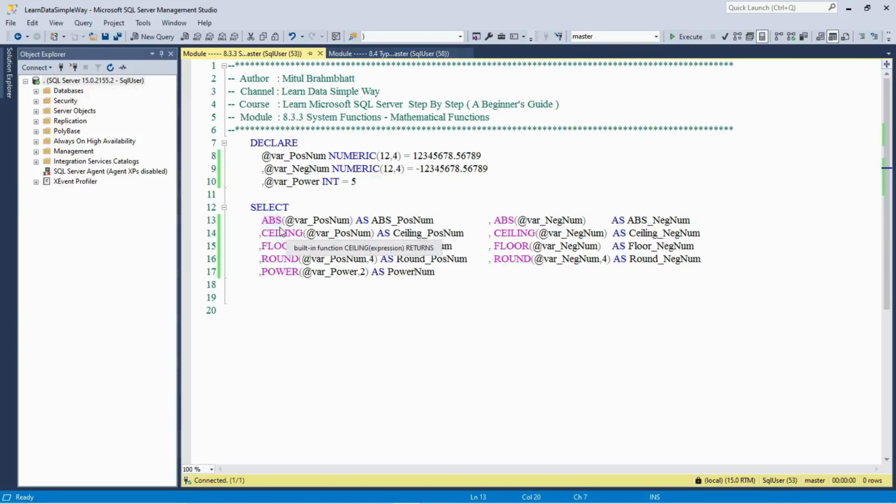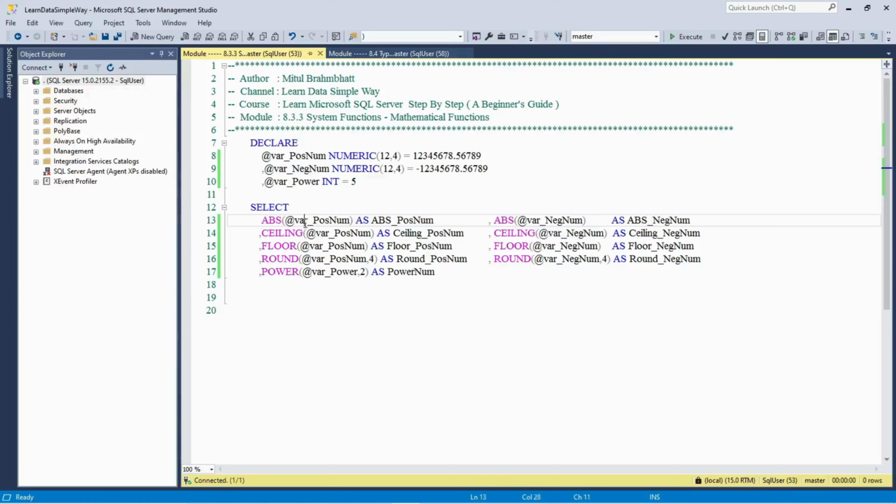Now let me give you a brief of how these mathematical functions work. ABS means the absolute function. Whatever value you pass into it, irrespective of the sign, whether it is a negative or a positive number, it gives you only the positive number in the output.